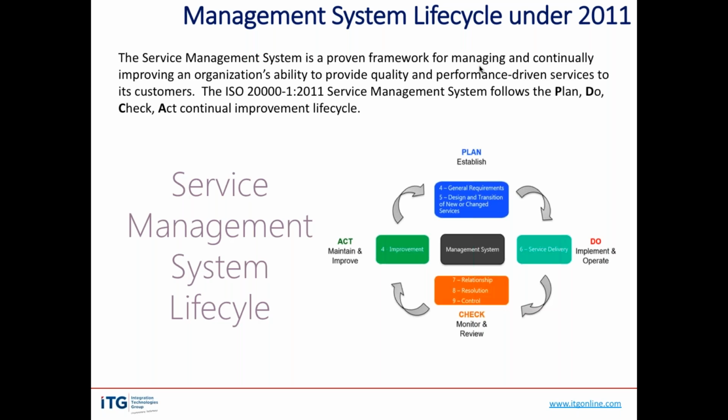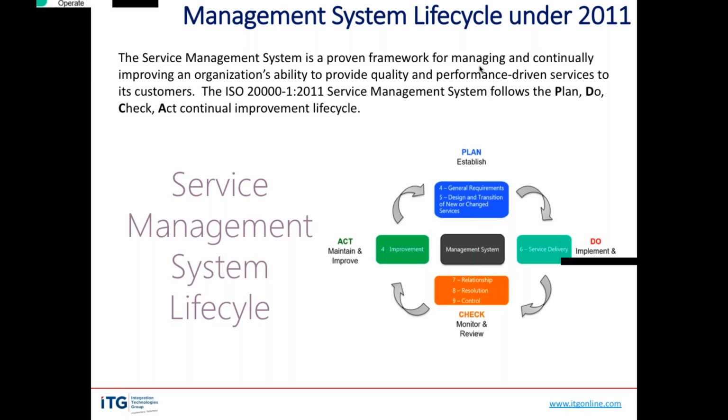And this is how in the old standard the clauses broke down into where that activity was, okay? Again, planning was in 4 and 5, and services was in 6, and the checking was in the 7, 8, 9 clauses, and acting was in clause 4 with your improvement. So a background on that.